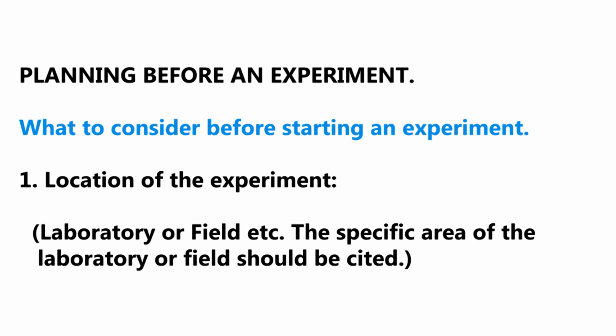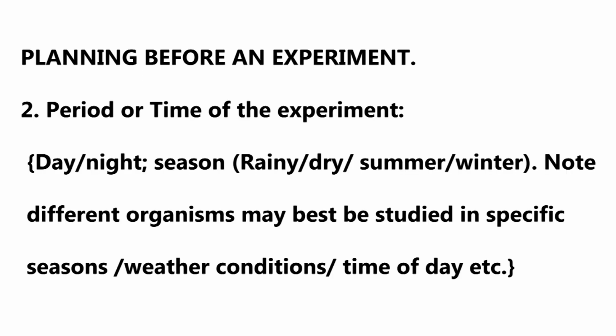If it's in the lab, which area of the lab? Inside, outside? If it's in the field, which area? You also have to plan considering the period or time of the experiment. Is it day or night or season, rainy season or winter or what season? So the period of the experiment.